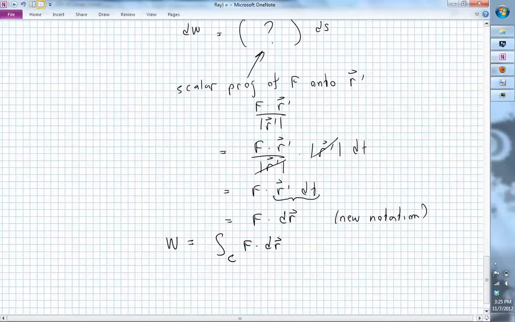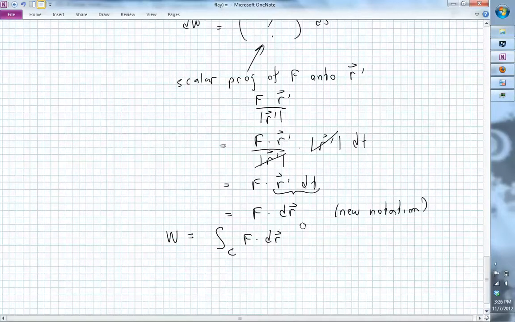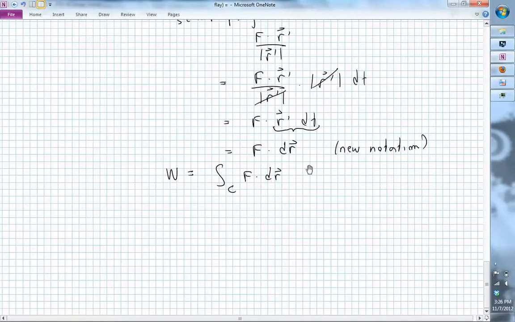Okay? Okay, and what I'm going to do is finish in the next couple of minutes here with a calculation of work in a particular example. So that's the derivation. If that went by really quickly, I essentially just repeated what was in the book.